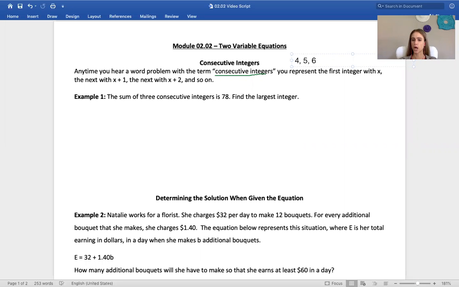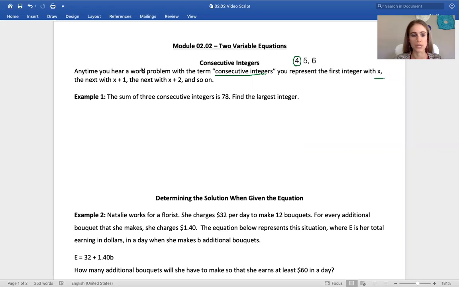So if we have a problem that is asking us to find these consecutive integers, we can relate this with variables. So our first integer, our 4, could be represented with the variable x. Then when we go to 5, that's one more than the very first integer.